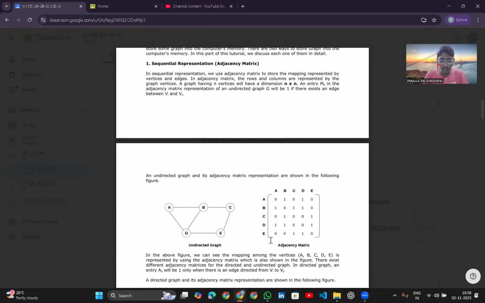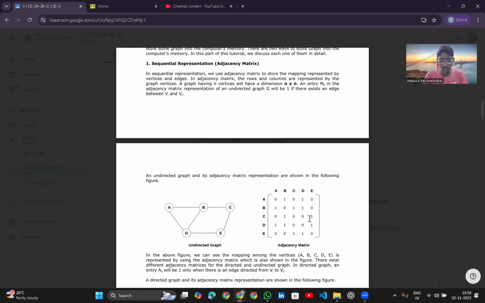From the matrix, we can retrieve the paths. AB is one path and AD is one path. BA is one path, and BC and BD.